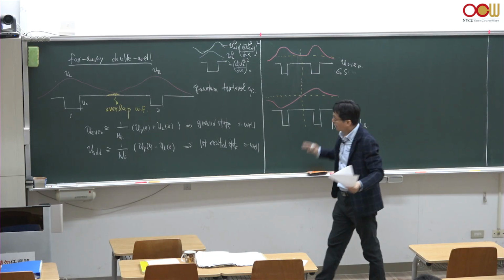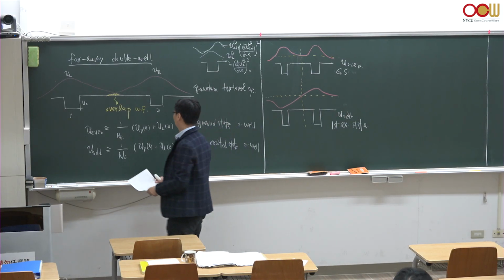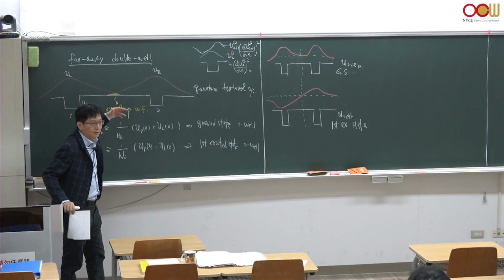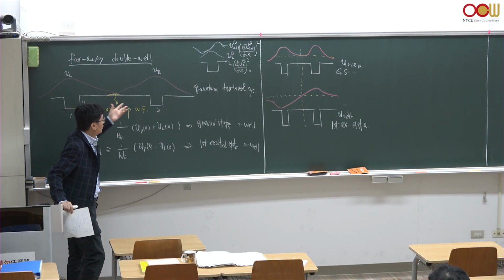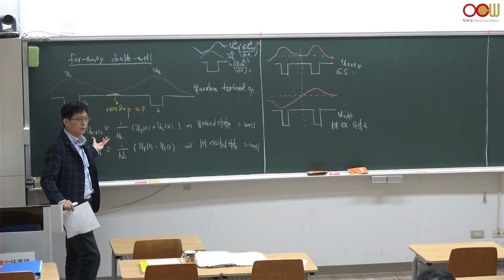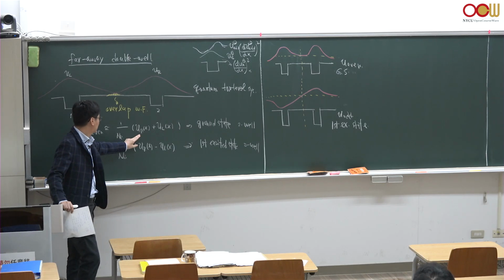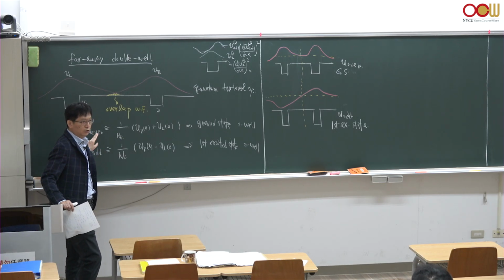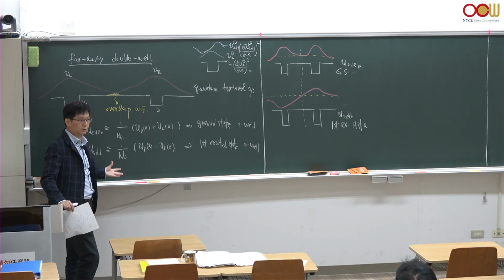You can see that I haven't solved anything of this double well problem, but if I do, I can still get a similar solution like this, but not exactly this u_even and u_odd, because u_even and u_odd are simply approximations.